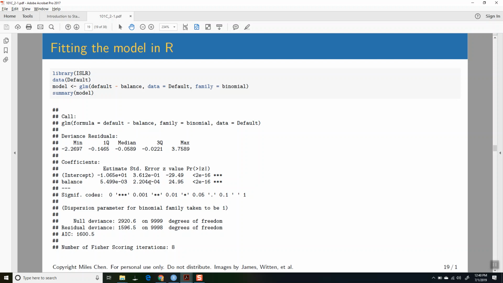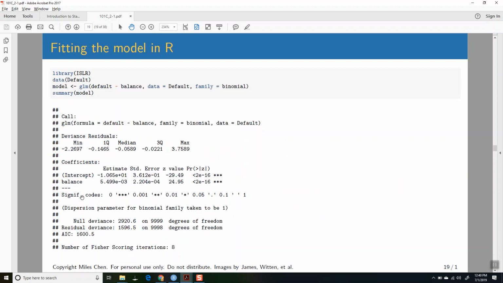We could imagine a sampling distribution, and the standard deviation of that sampling distribution will be the standard error. We can use a Z distribution to get our test statistics. And so we get p-values that are practically 0, okay? So we're saying that the balance does play a significant role and the intercept is significantly different from 0.